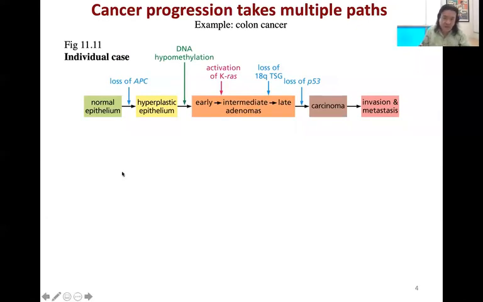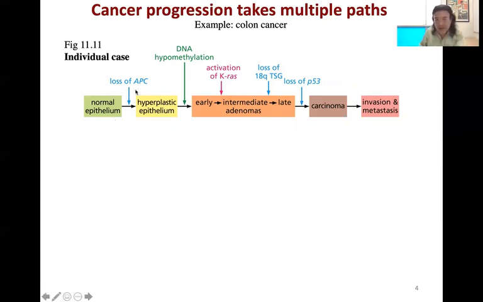Here's an example from the book, looking at one hypothetical situation where a patient develops colon cancer. These are the different phases that the cells go through as part of turning into cancer. You start off with normal epithelium, and then one day, unfortunately, one of the cells takes a hit.